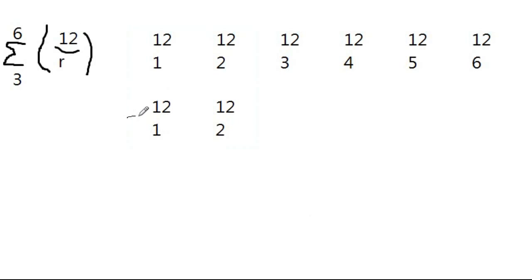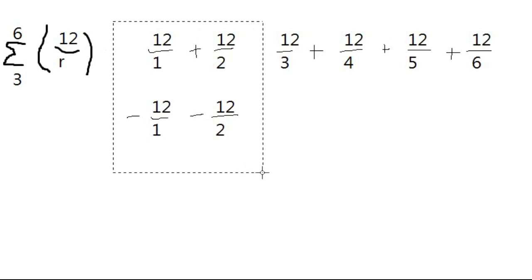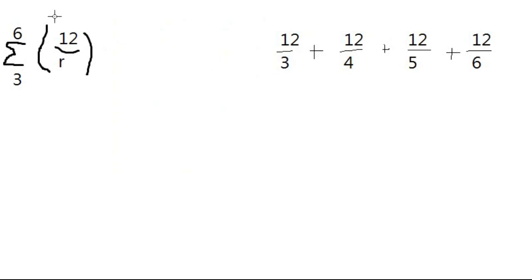Might as well put a subtract sign here and here for good measure, and these are all added on top because it's a sigma sign. So we add these, and because these add together and subtract, they all get cancelled, so we do not need to care about these anymore. And now we have this massive piece of work.